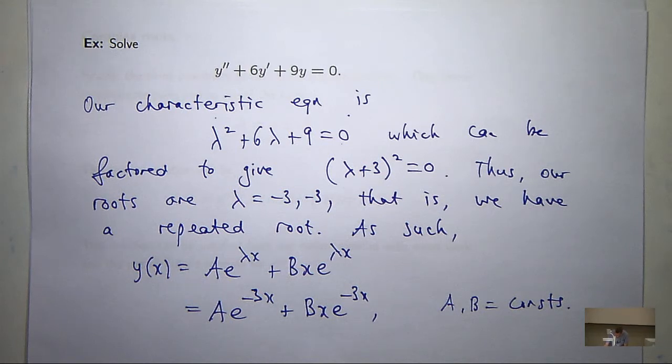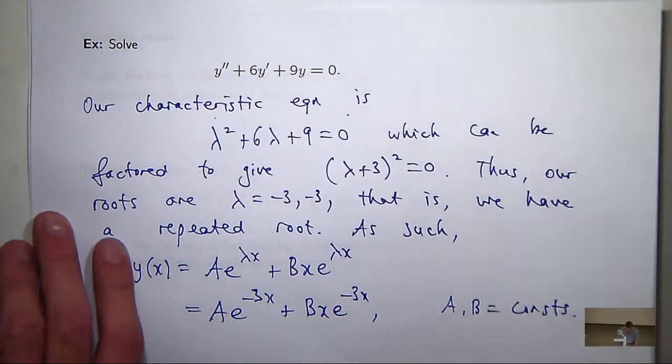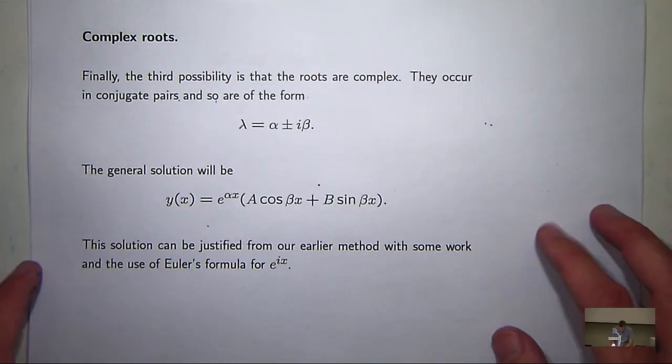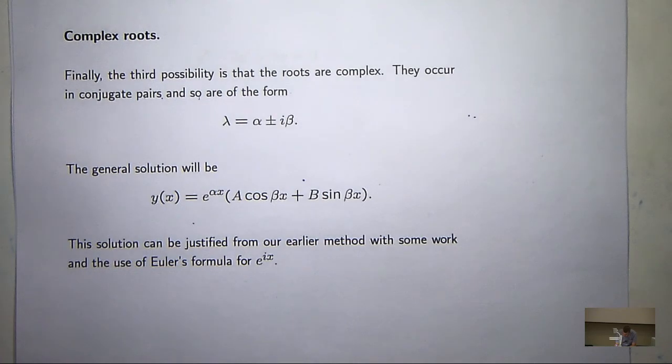All right, there is one more case. When you solve the quadratic and you get complex roots. Okay, they're allowed. Now, from basic algebra, we know that these roots will occur in conjugate pairs.